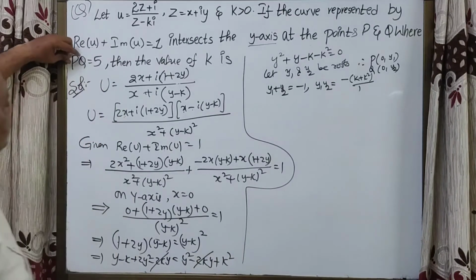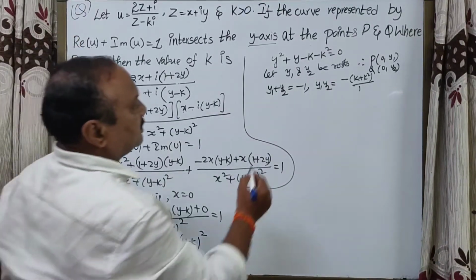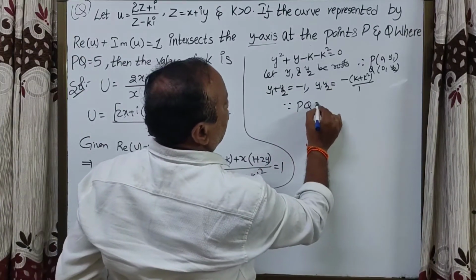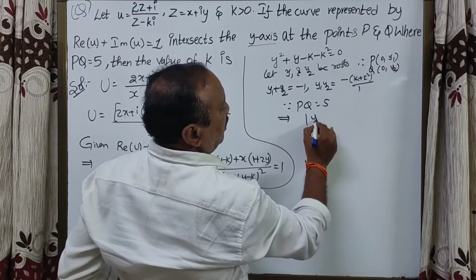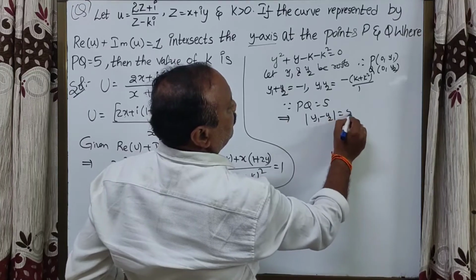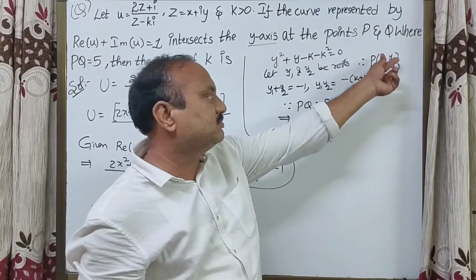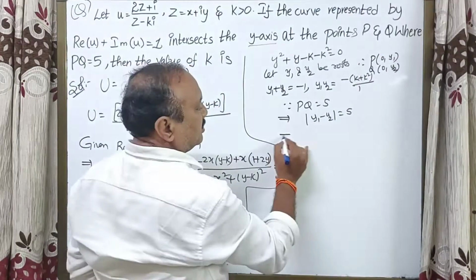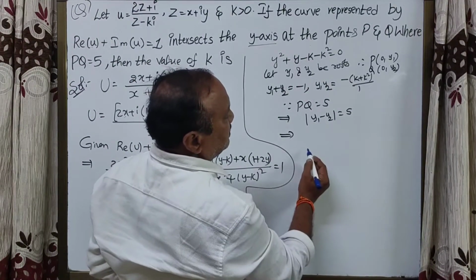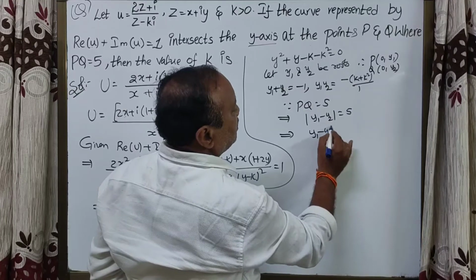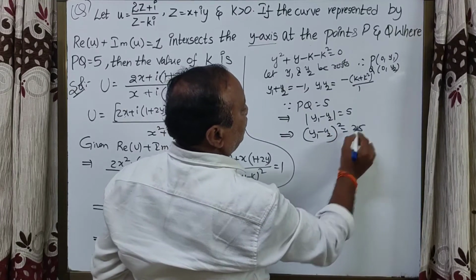Given this distance PQ as 5, since PQ equal to 5 implies mod of y1 − y2 equal to 5, distance formula. Students, mod y1 − y2, squaring, (y1 − y2) whole square equal to 25.